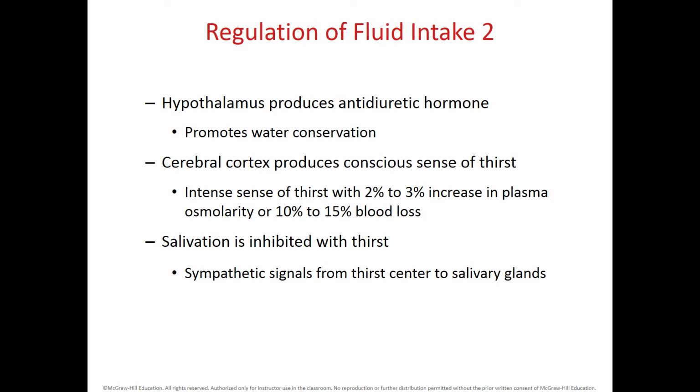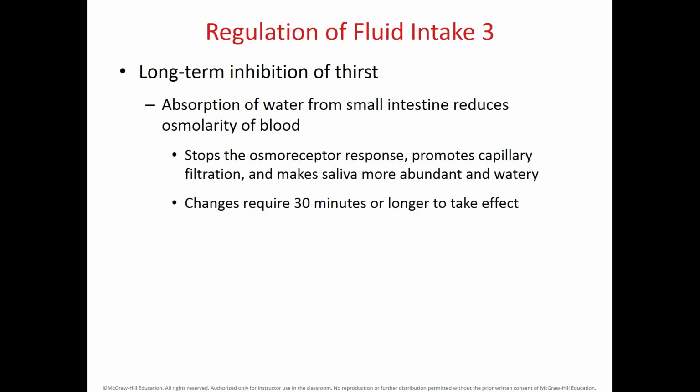Now, salivation is inhibited when you have thirst, and then your sympathetic signals from the thirst center will send a signal into the salivary glands so that your salivary glands won't produce more saliva. So you will preserve this water that is in the saliva, so it can go into the circulatory system rather.